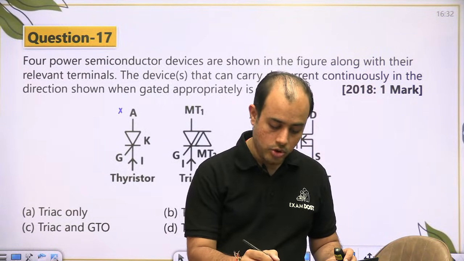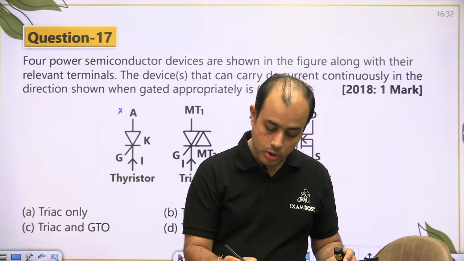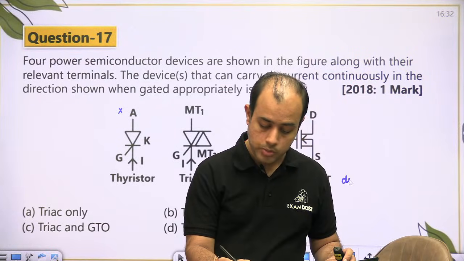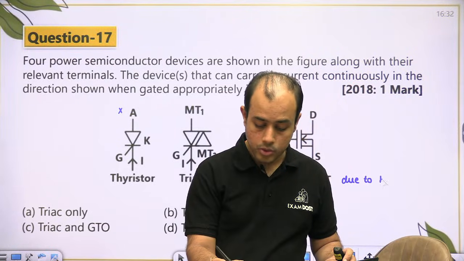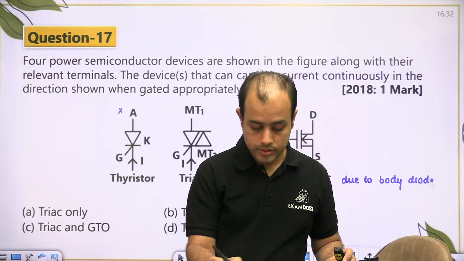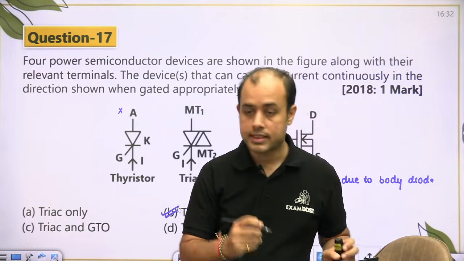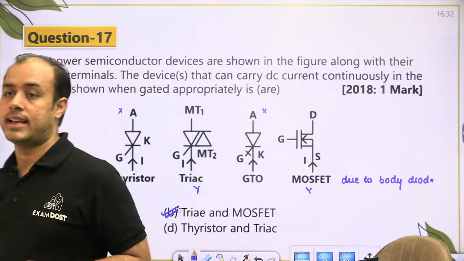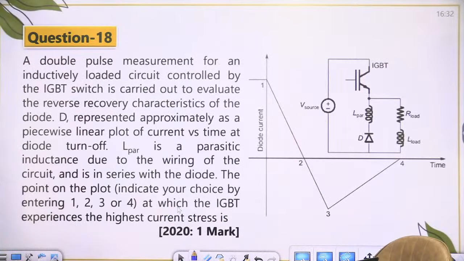GTO, no. Triac, yes. MOSFET, yes. ड्यू टू बॉडी डायोड, है ना. So reverse current triac and MOSFET can carry because they are bidirectional.